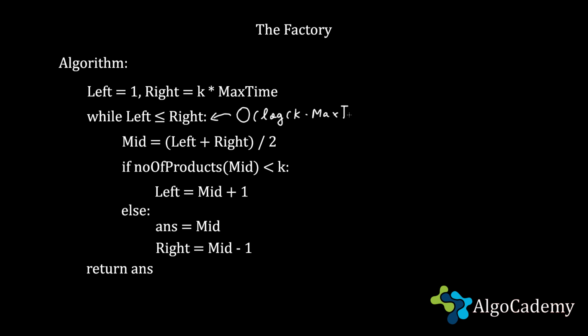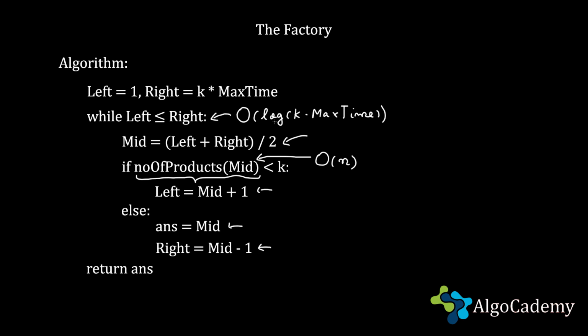And for each iteration, what do we do inside the while loop? Well, let's see. Compute the middle, constant. If number of products of mid is less than k, compute the number of products of mid. Remember the time complexity of the function? It was big O of n, right? Because it goes through each and every worker. So I do a big O of n here, and then all of those are constants, right?